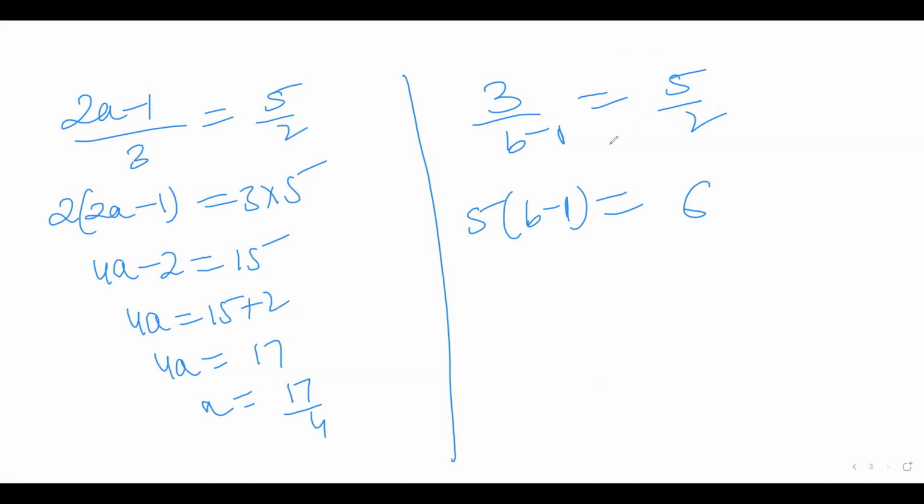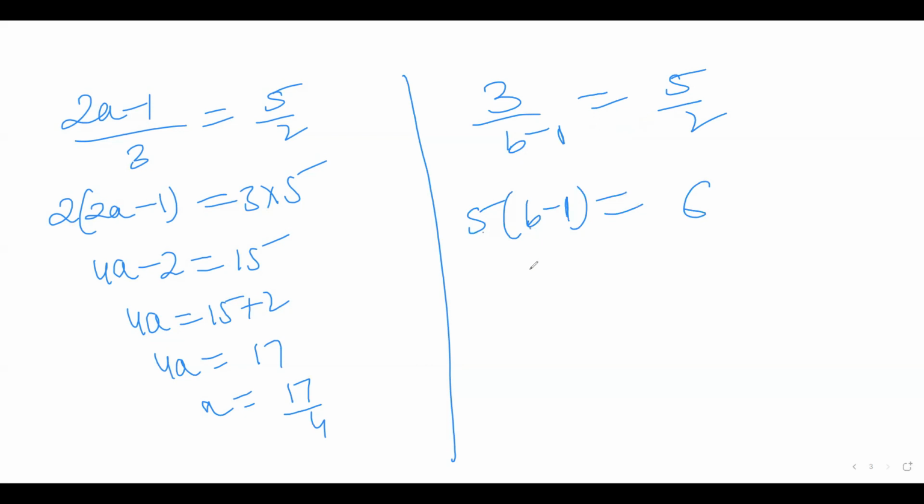Always make a habit of writing unknown on the left hand side. Don't multiply 3 2s are 6 is equal to, don't write 6 on the left hand side. Better to write unknown product on the left and known on the right. These small things will matter a lot.